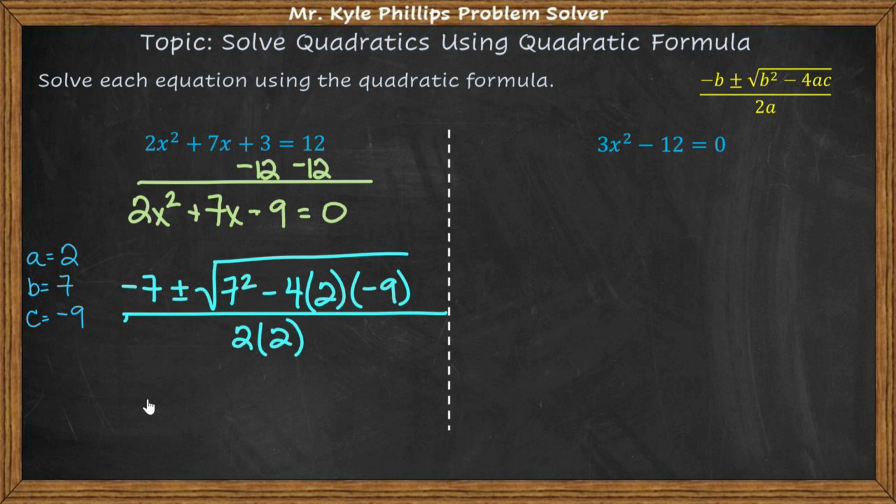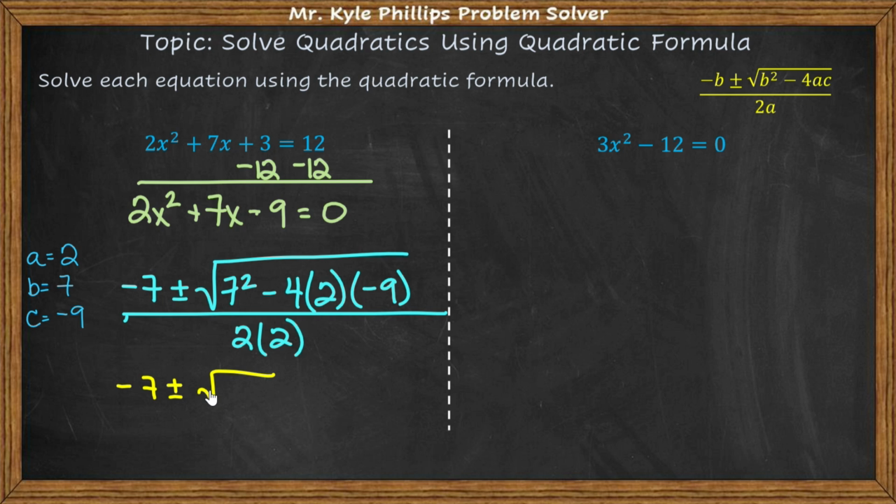Now we can go through and simplify. So I have negative 7 plus or minus the square root of. Here we can do most of this on our calculator, but we know 7 squared is 49. Negative 4 times 2 is negative 8. Negative 8 times negative 9 is going to be positive 72. And then here I have the 49 plus 72.